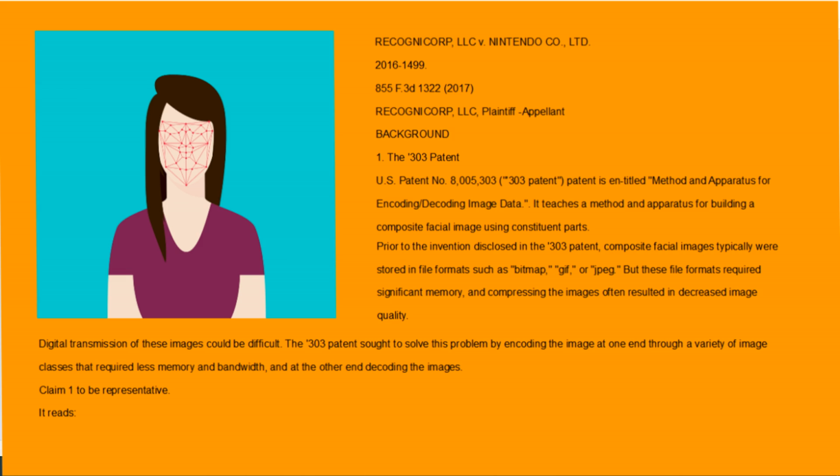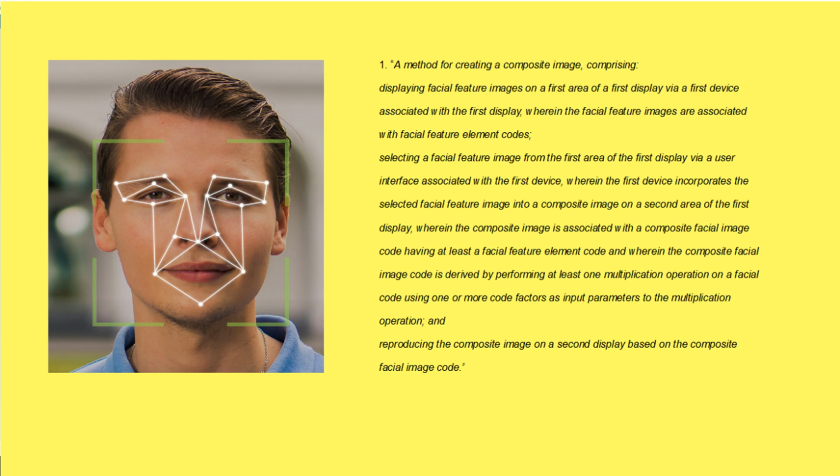It reads: a method for creating a composite image comprising displaying facial feature images on a first area of a first display via a first device associated with the first display, wherein the facial feature images are associated with facial feature element codes.